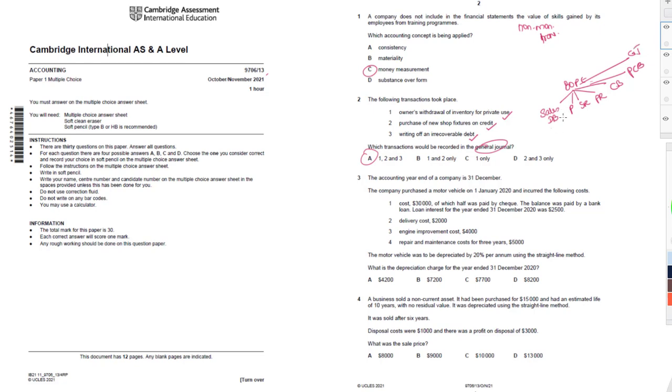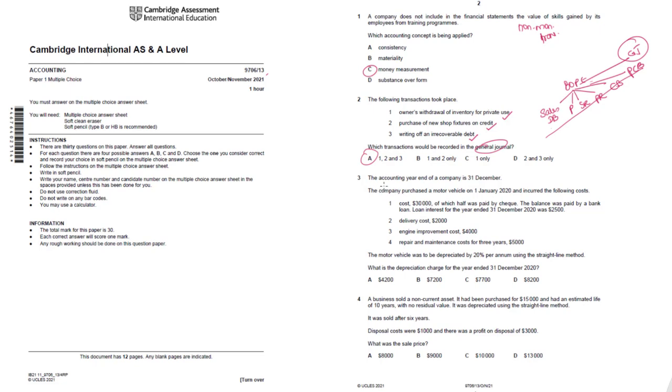The sales day book would record credit sales of goods, purchase day book would record credit purchases of goods, sales returns and purchase returns books would record the relevant transactions, cash book would record all cash and bank entries, petty cash book would record all petty cash transactions, and all other transactions are recorded in the general journal. So these three transactions can't be recorded in any of these books, and hence they are recorded in the general journal.